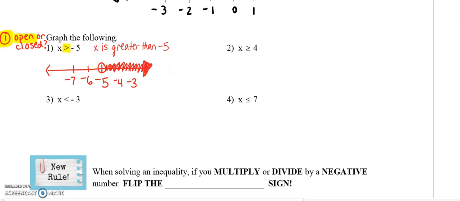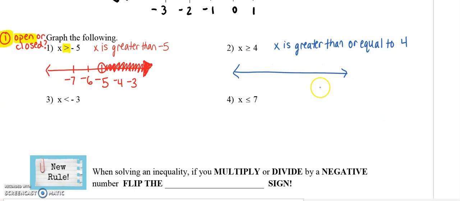Okay, same thing with number 2. This says x is greater than, because the bigger side is to the left, or equal to, because it has the line underneath. Alright, so greater than or equal to 4. So when I draw this number line, I'm going to plot 4, and then a few numbers bigger, and a few numbers smaller.